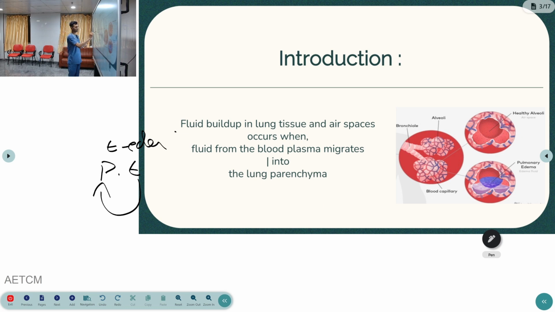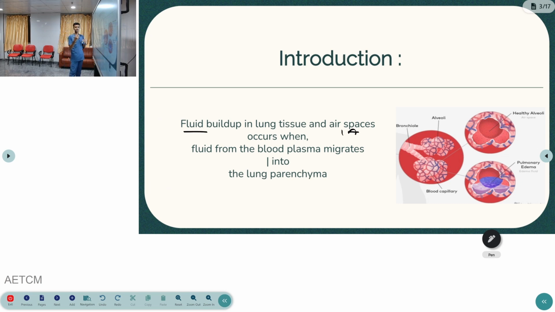So we can see the fluid buildup in the lung tissue and air spaces. Air spaces in the sense alveoli, it occurs when fluid from the blood plasma migrates into the lung parenchyma. So I think no need of much more explanation. This is the easiest way of definition.